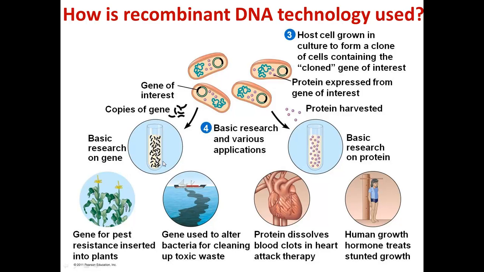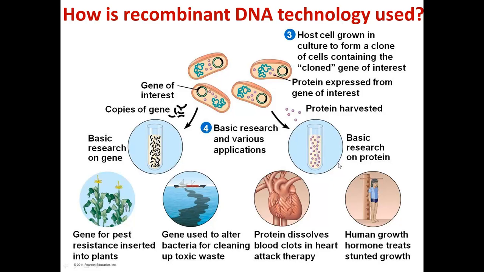In addition, this gene may produce some kind of enzyme that could be used to clean up toxic waste like this oil spill. There are also reasons that we may want to do basic research on this protein. For example, this could be a protein that's important medically to dissolve blood clots.